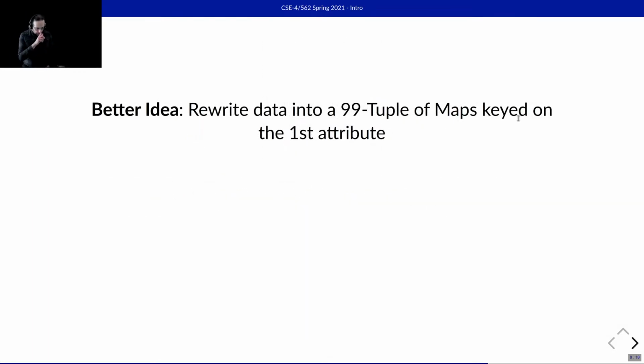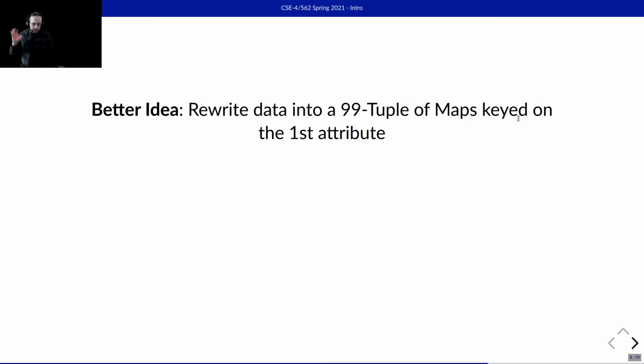One way to make this process quite a bit faster: if I have 99 fields, but I only need one, I don't actually need to read all 99 fields when I'm answering the user's query. I only care about the one.